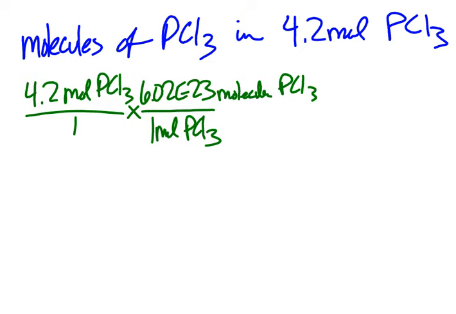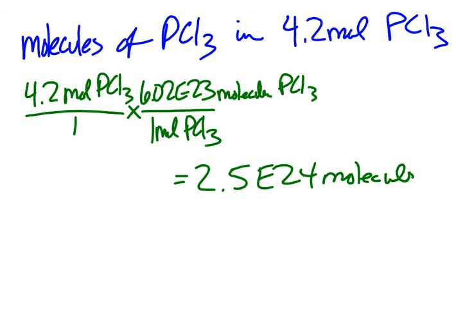If I do that calculation, with 2 sig figs I end up with 2.5 times 10 to the 24 molecules of PCl3, because my moles cancel out. Simple enough. Of course, it gets a little trickier when we start dealing with mass, but nothing beyond your comprehension. So let's take a look at one.